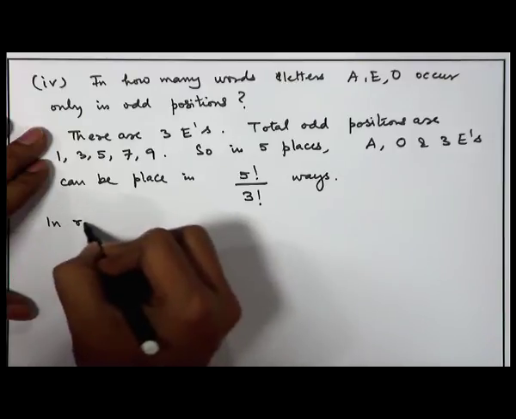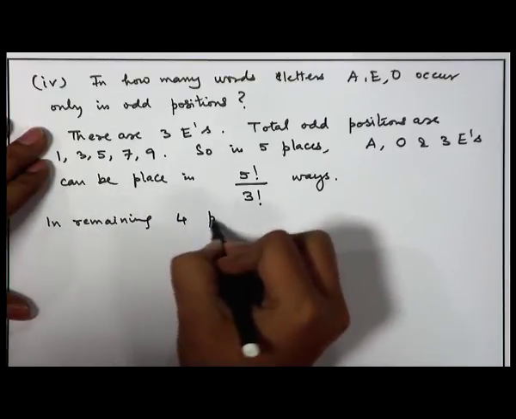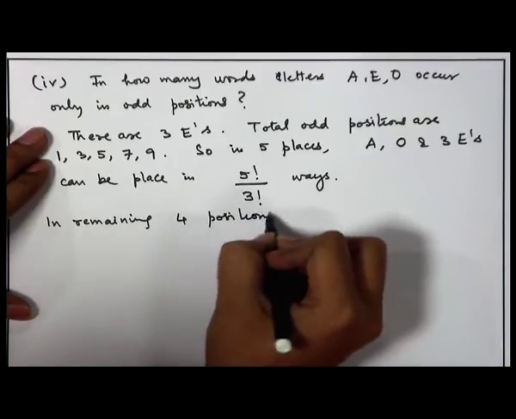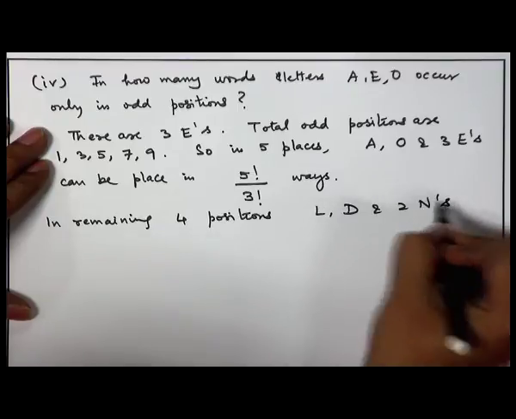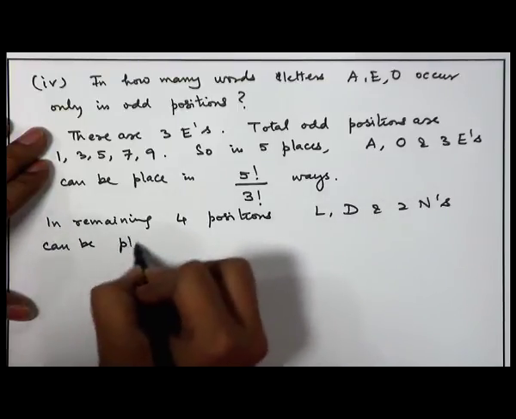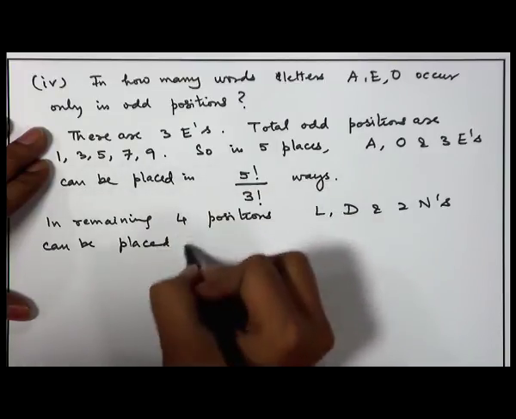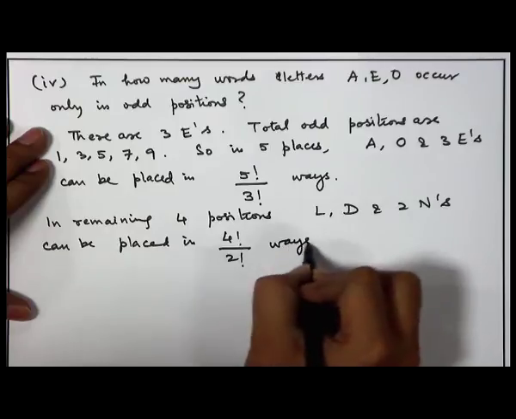Now, in the remaining 4 positions, L, D and 2 N's, these are also 4, can be placed in 4 factorial divided by 2 factorial ways.